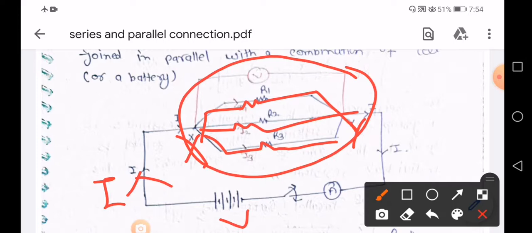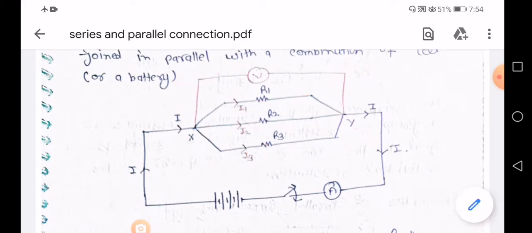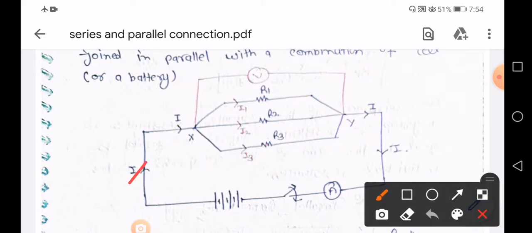Suppose the total current is I. This I is divided into three parts, I1, I2 and I3.